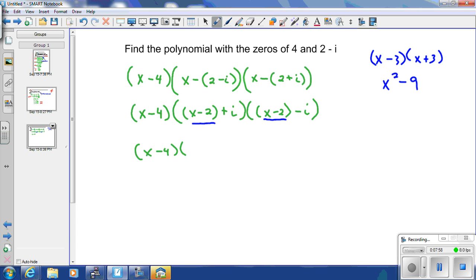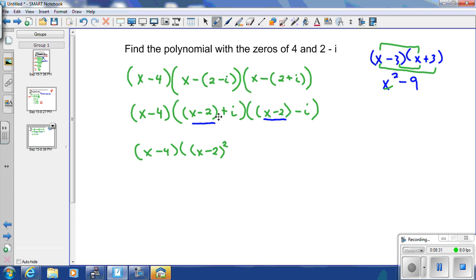And I imagine what this is going to look like when I multiply this out. Well, the first term, like here I had x squared, now I'm going to have x minus 2 squared. So I will put that inside of a parentheses here, I guess. The outer and inner terms, just like over here, 3x minus 3x cancels.